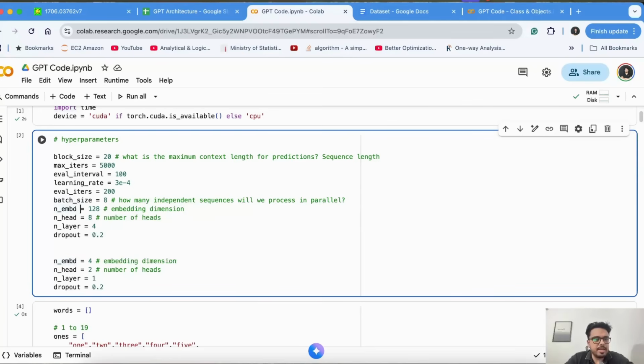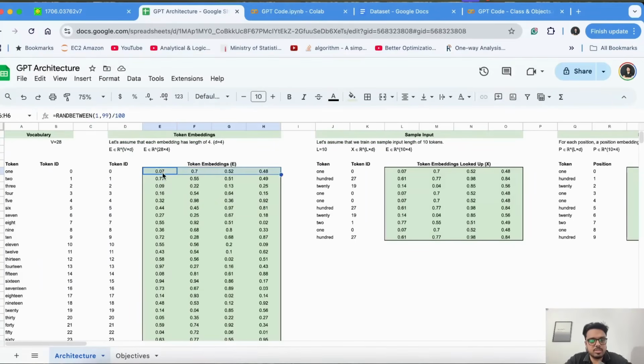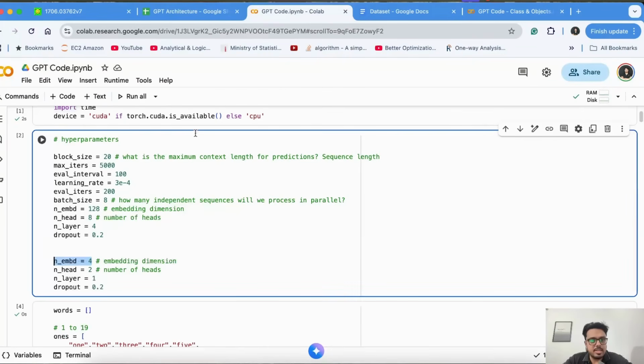Now n embeddings. Let's scale it up to 128. Initially we had only 4 as the embedding length, so let's scale it up to 128. Number of heads, let's scale it up to 8.